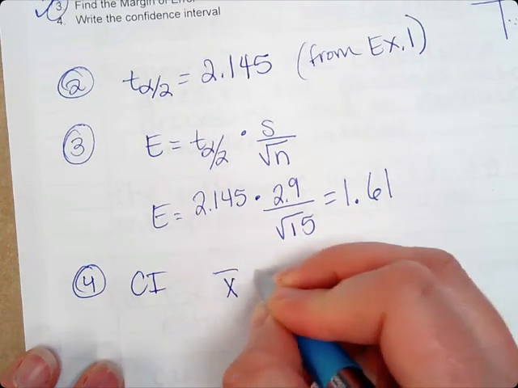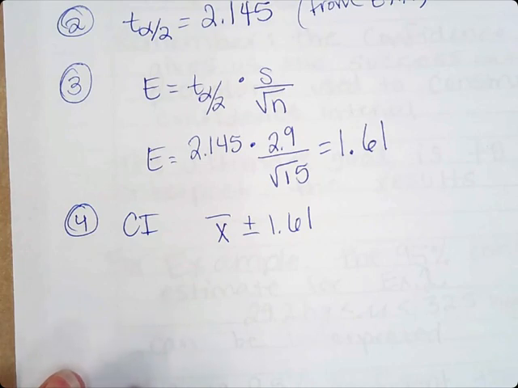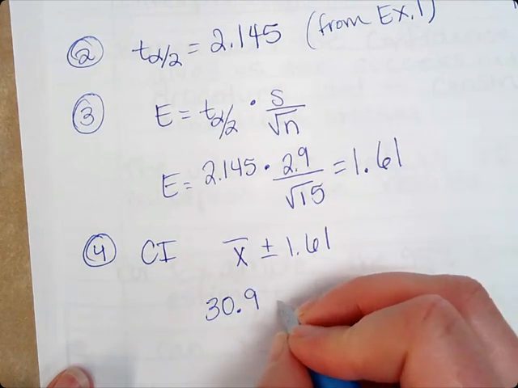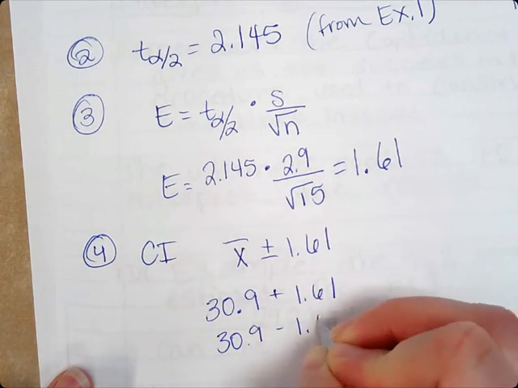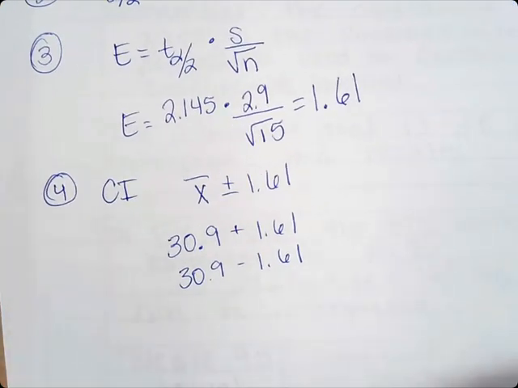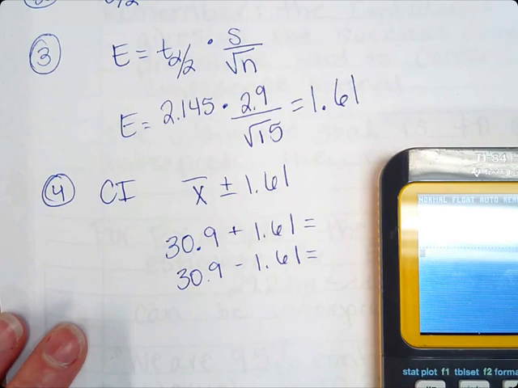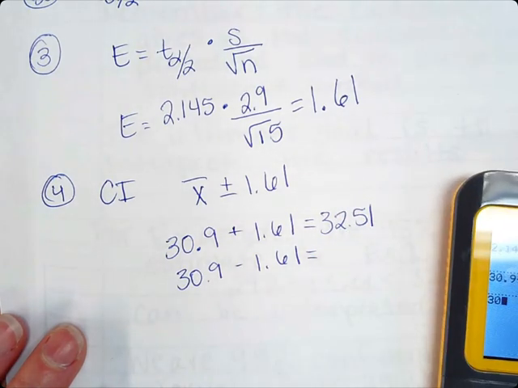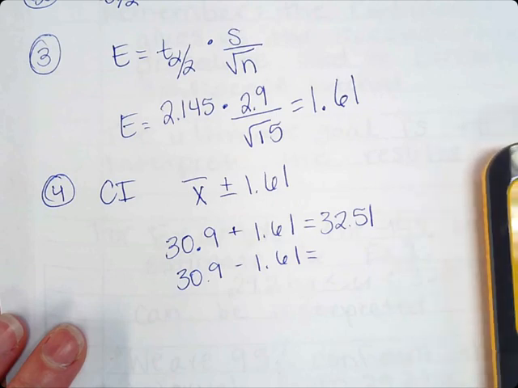So if it's x bar plus or minus 1.61, we would take 30.9, which is our x bar, plus 1.61 and 30.9 minus 1.61 to find our upper and lower. 30.9 plus 1.61 is 32.51, and 30.9 minus 1.61 is 29.29.